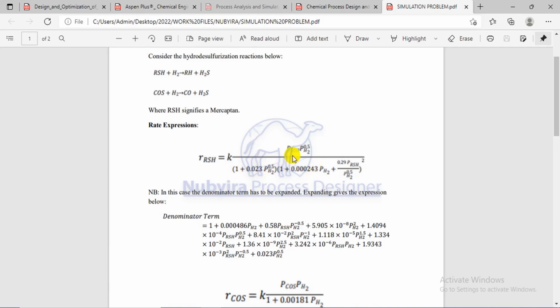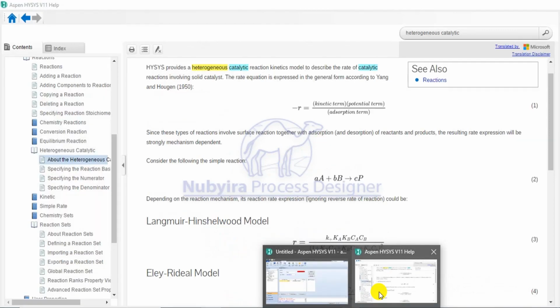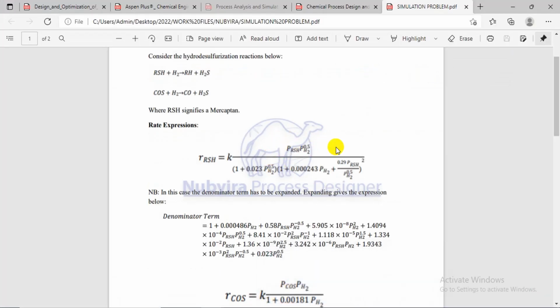So in this case, you just have your kinetic parameter, your driving force, or your potential term, then all over your adsorption term, which is this that we have below. Now this adsorption term, if we are going to work with it, it would have to be expanded.